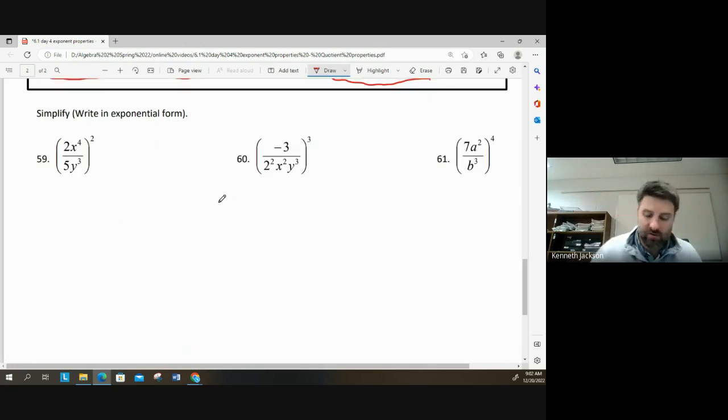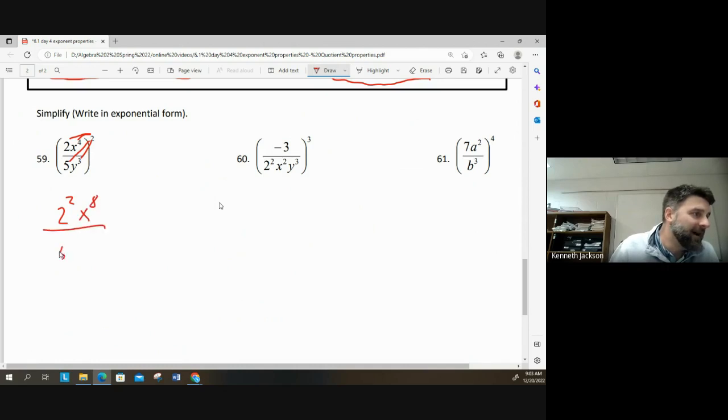So if we use that property, this exponent of 2 on the outside is going to multiply all of the exponents on the inside. 2 squared, x to the 8th, 5 squared, y to the 6th. That would be 3 to the third. I'll talk about the negative here in a minute. 2 to the 6th.